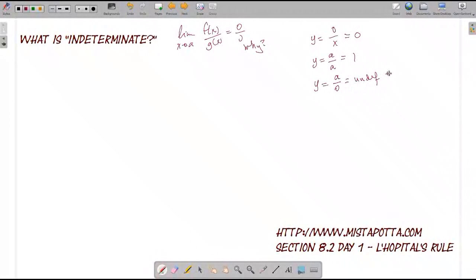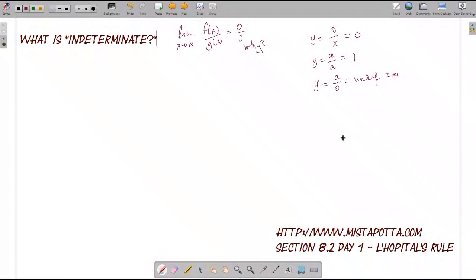This is going to give me either a positive or negative infinity, depending on the value of a. And therefore, I should get an undefined value.